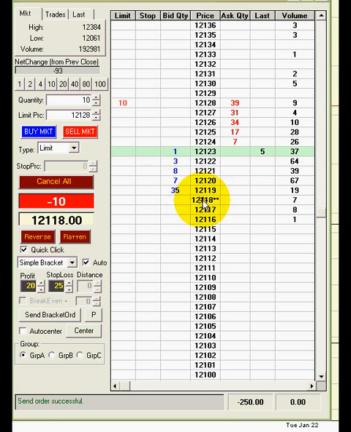If it went all the way back up here, we got back in with 1 more. So it's the same thing. It's just we're short now, which means we're counting on the market to drop. We've got 10 contracts open, and the minus sign and the red box indicate that we're short on this position. And so let's just see what develops here.